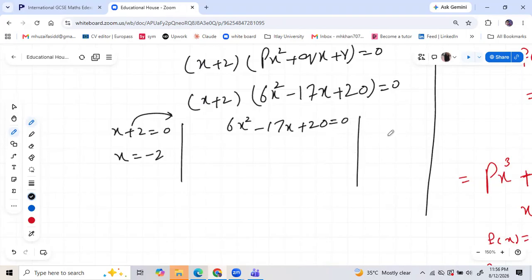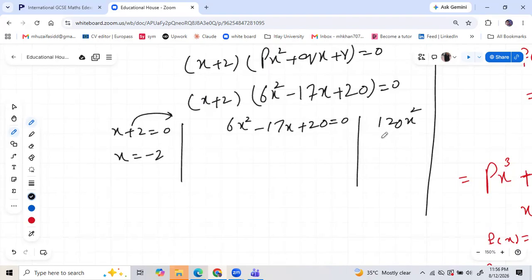So if we multiply, this is the 120 x square, and we find the pair. If we multiply, this is 120, and if we add and subtract, we get the minus 17 of x. To multiply by 60, this is not okay. 4 multiplied by 30, this is not okay.